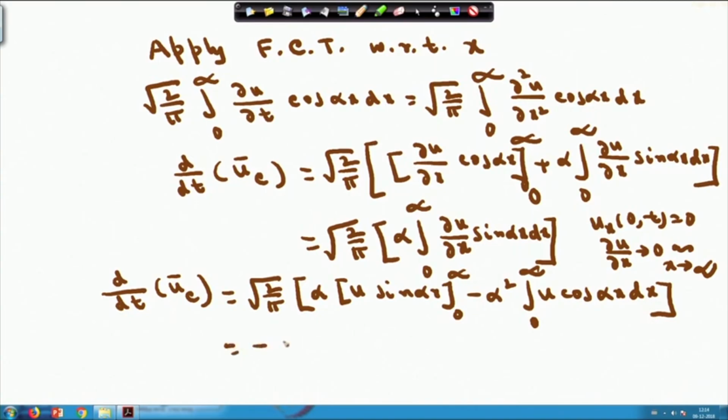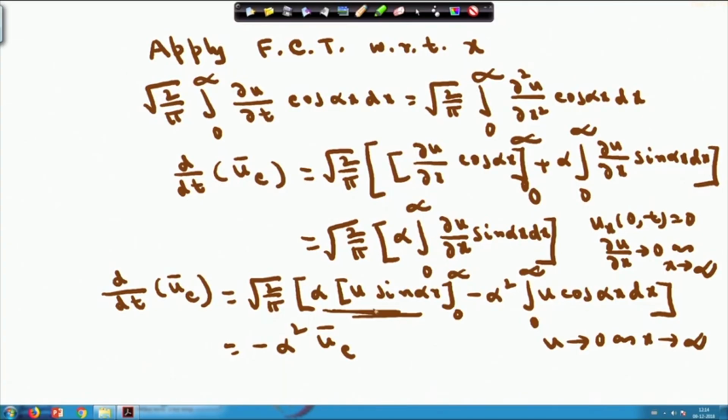And this value will be equals to minus alpha square u bar c, with the condition that u approaches 0 as x approaches infinity. We know this thing, u approaches 0 as x approaches infinity. Therefore, this term will vanish, and the next term, alpha square into root over 2 by pi, 0 to infinity u cos of alpha x dx, is nothing but u bar c.